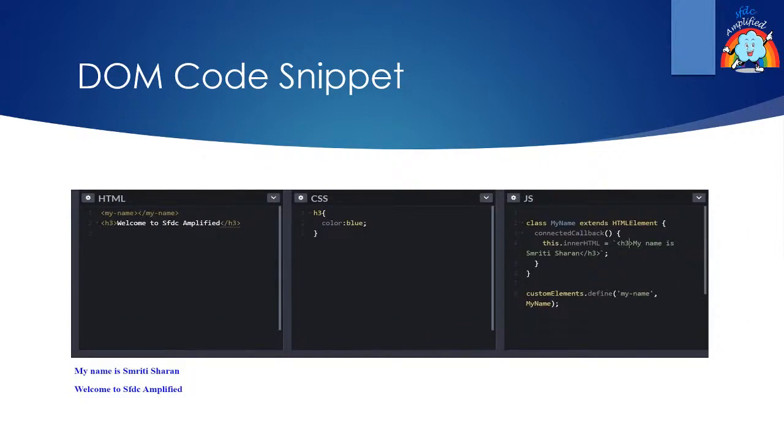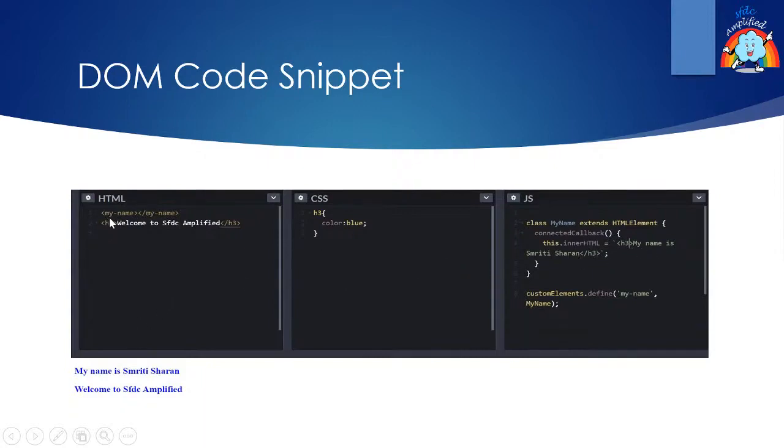Now to understand the shadow DOM, we want to understand the basics of DOM. Here we already created a custom element, and we have a fair understanding of it. I used my name, and here I gave it as H3. My name is Smriti Sharan, so it is coming as H3.